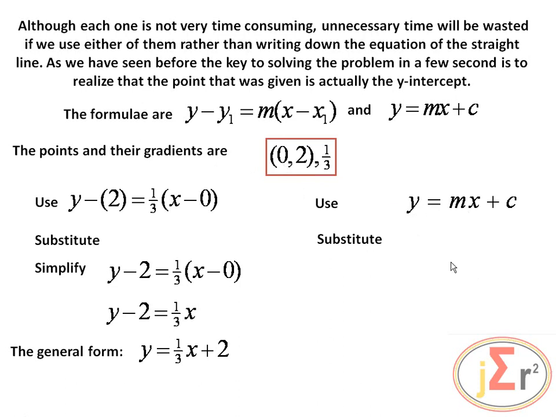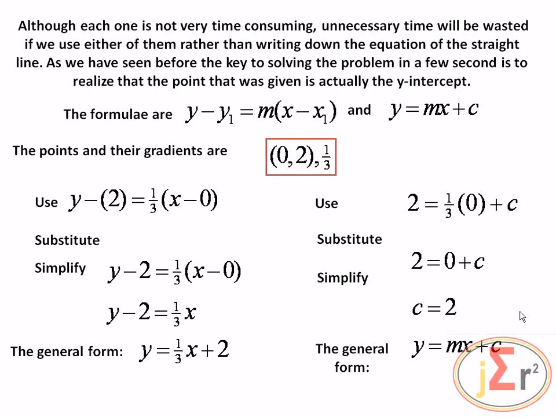We do not know the value of c. We are attempting to find the value of c. Of course, anything multiplied by 0 is 0. So all we will have is 2 is equal to 0 plus c. Of course, 2 is equal to c.